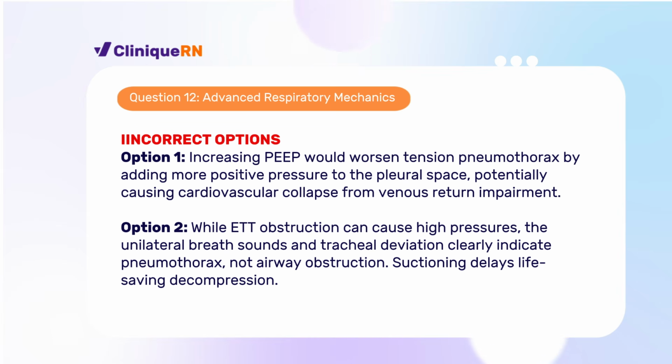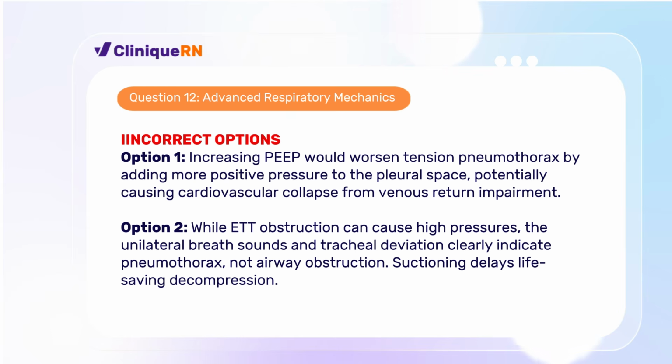Why are other options incorrect? Option 1. Increasing positive end expiratory pressure would worsen tension pneumothorax by adding more positive pressure to the pleural space, potentially causing cardiovascular collapse from venous return impairment. Option 2.